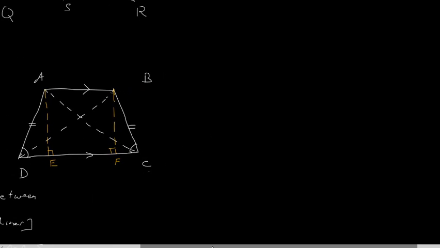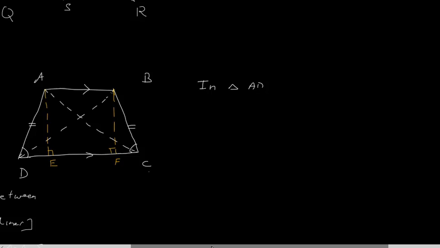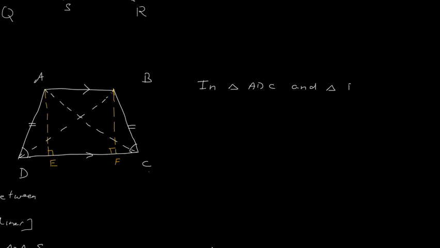You must have understood what criteria I am going to use. In triangle ADC and triangle BCD, in these two triangles, AD is equal to BC. We have proved just now, so from 1 you can say.